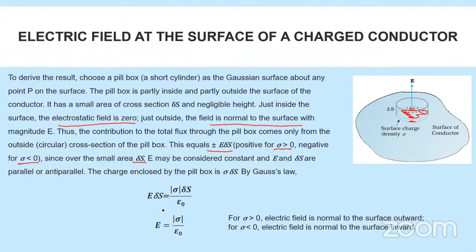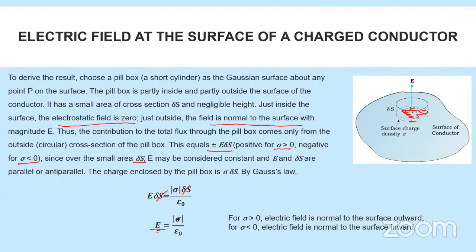The total flux E del S is equal to the flux that we use in Gauss's law, so we get mod of sigma del S upon epsilon 0. We cancel out del S and del S, and what we are left with is the electric field equal to the mod of sigma upon epsilon 0.